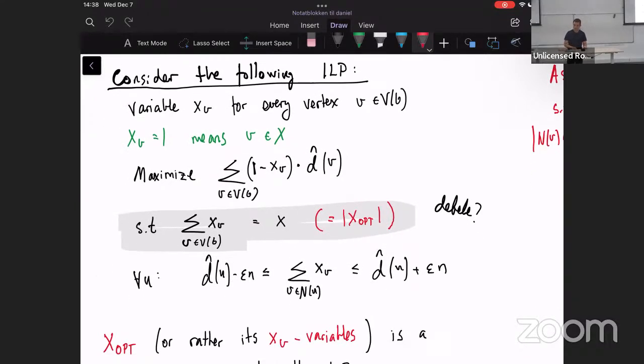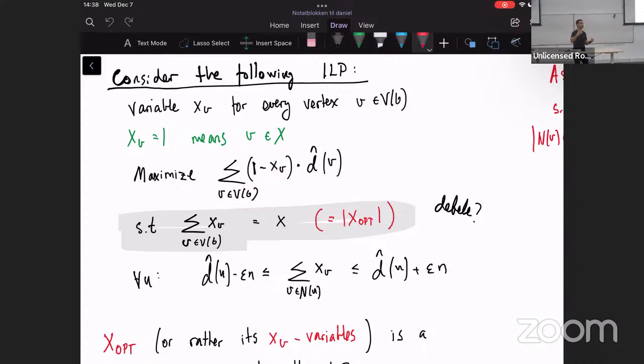Now, we formulated this funky LP. The LP says the following. Let me have a variable for every vertex. Do I pick the vertex or do I not pick the vertex? And my objective function value goes like this. Every time I do not pick the vertex, I get paid. How much do I get paid?